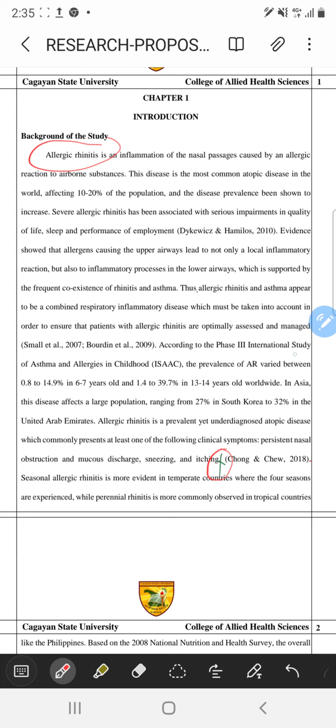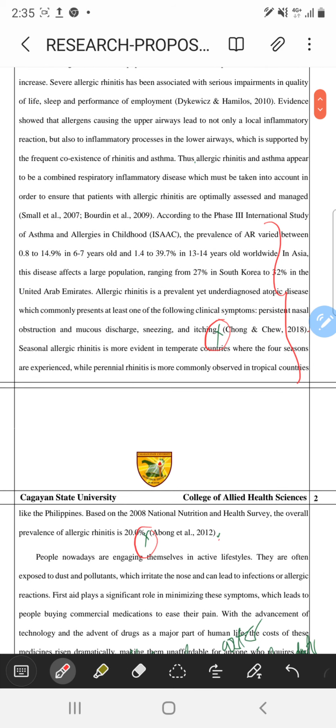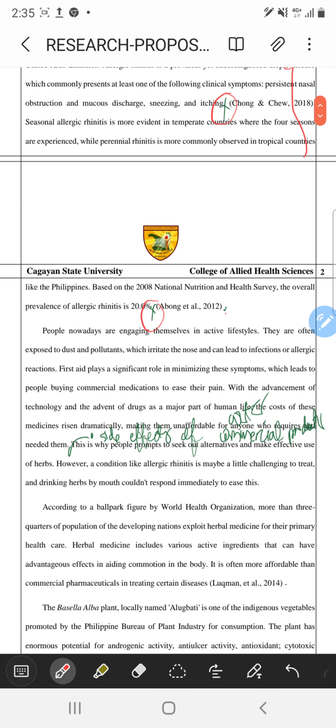On the first part we talked about allergic rhinitis, and you look at the status of allergic rhinitis here worldwide and nationwide, and then look at the gaps here. We have lots of problems causing allergic rhinitis, but the gaps here, you see, it's very short.